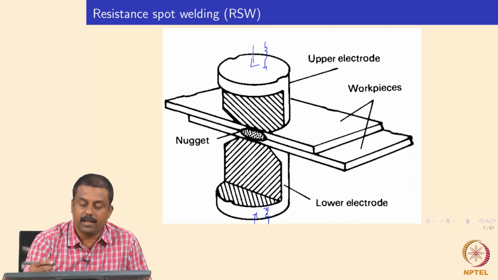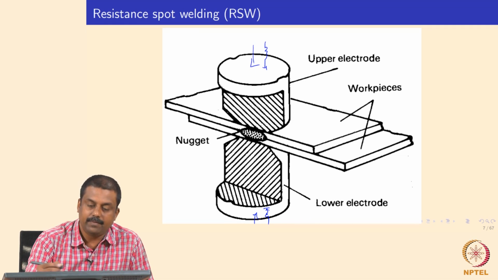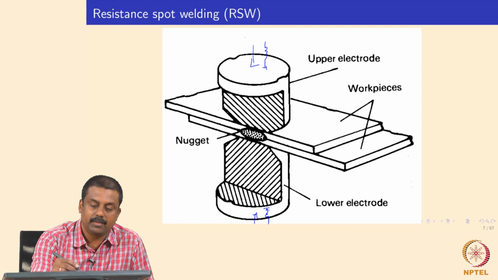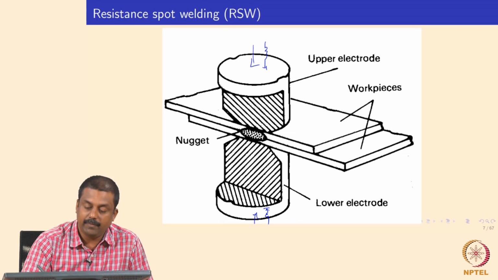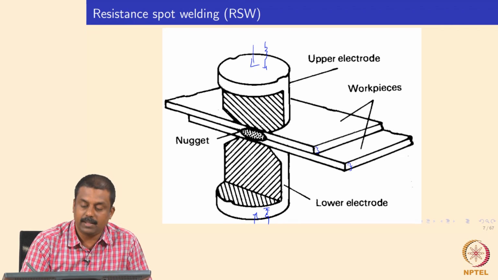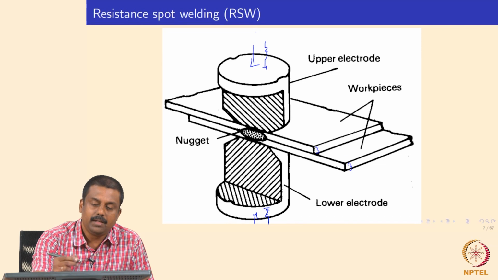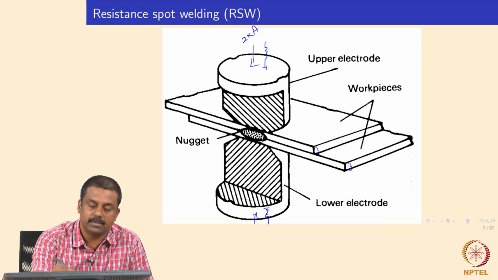Typically the current varies in a few kiloamperes. So roughly, if you are welding 1.2 millimeter thick plates in overlap configuration, the amperage can be somewhere from 2 to say 6 kiloamperes.